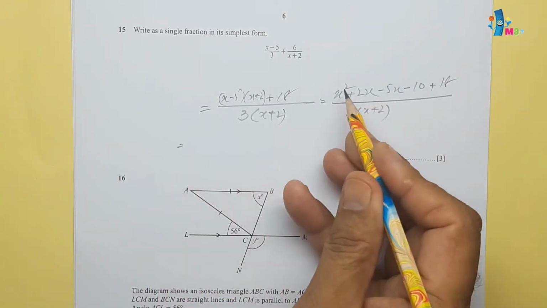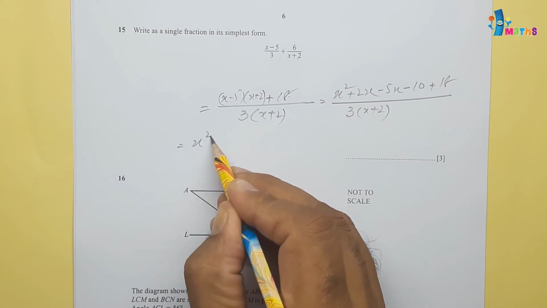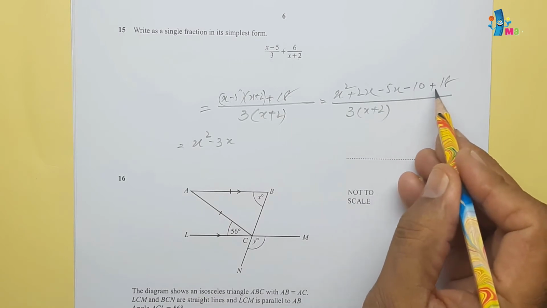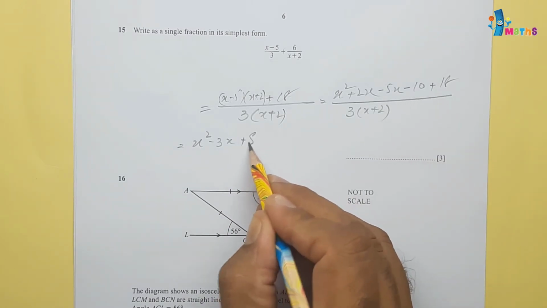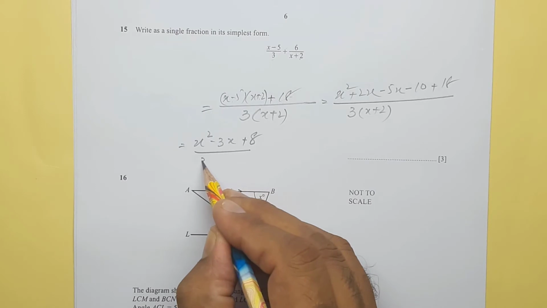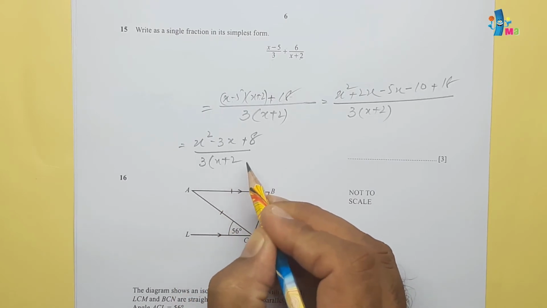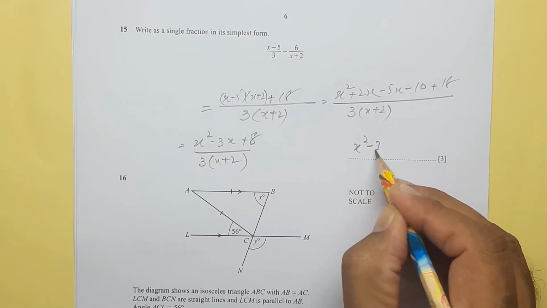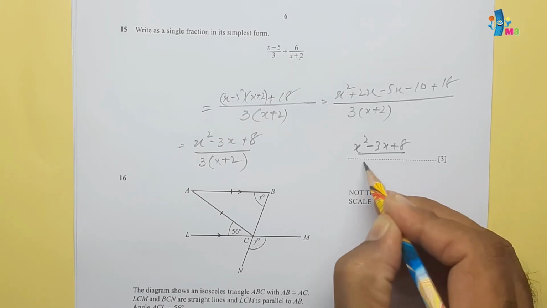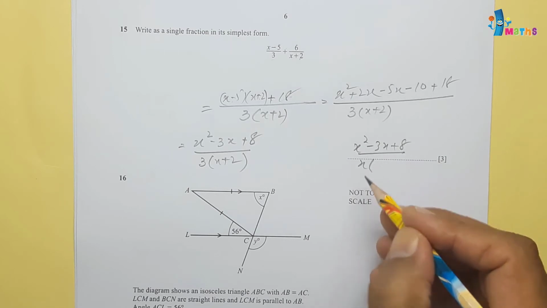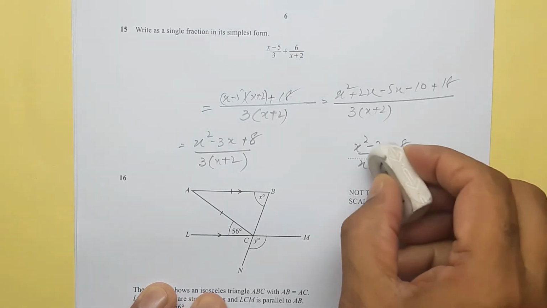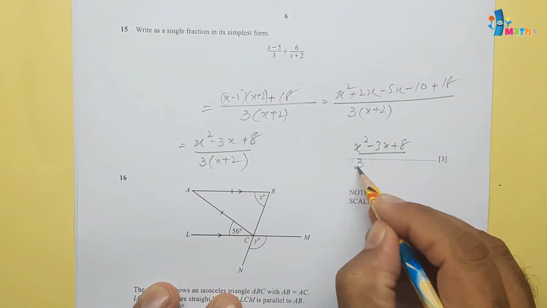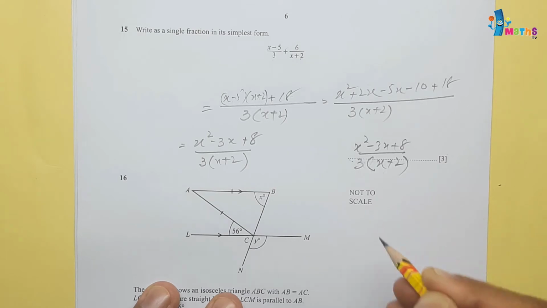We can write the next step over here, x squared, minus 3x, and plus 8, divided by 3 into (x plus 2), and this will be our answer. So x squared minus 3x plus 8 divided by 3(x plus 2).